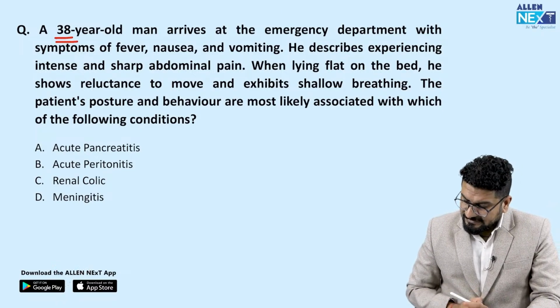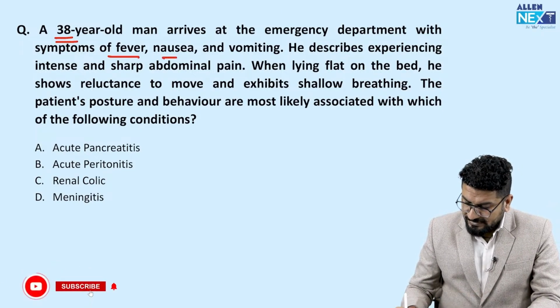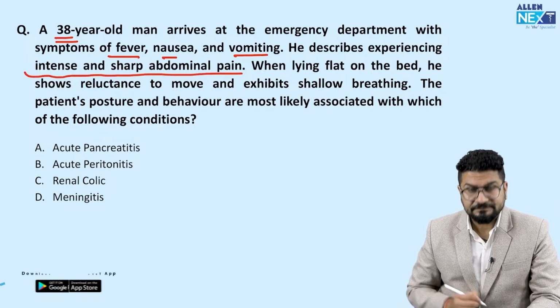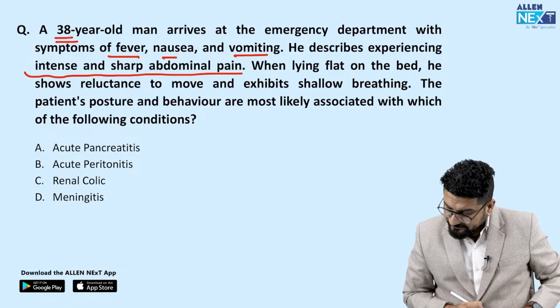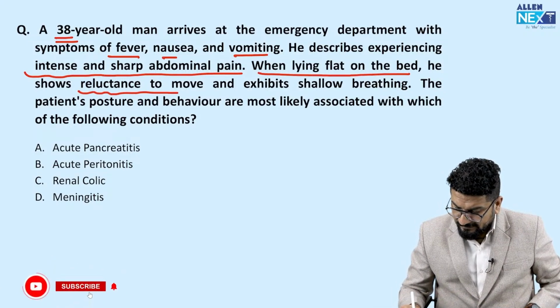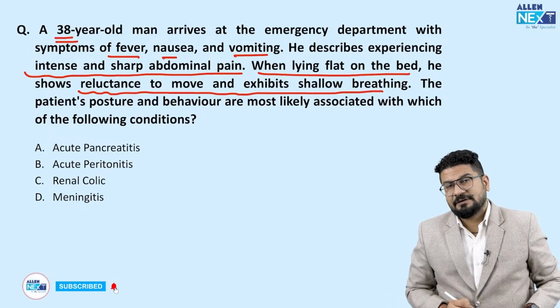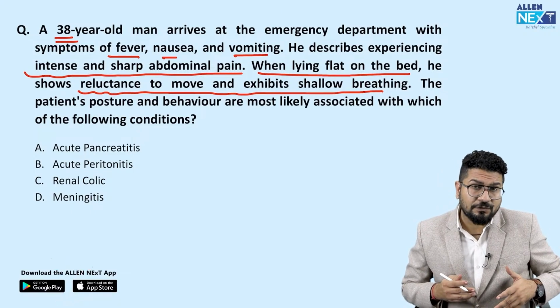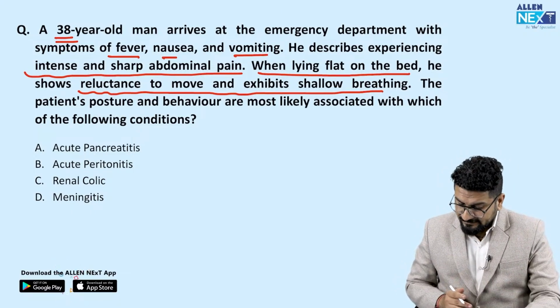A 38-year-old man arrived at the emergency department with symptoms of fever, nausea, vomiting. He described experiencing intense and sharp abdominal pain. While lying flat on the bed, he shows reluctance to move and exhibits shallow breathing. Means patient is having that intense pain, like he doesn't want to move his body, right?